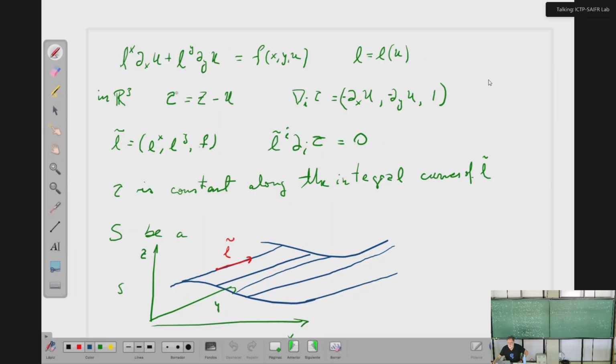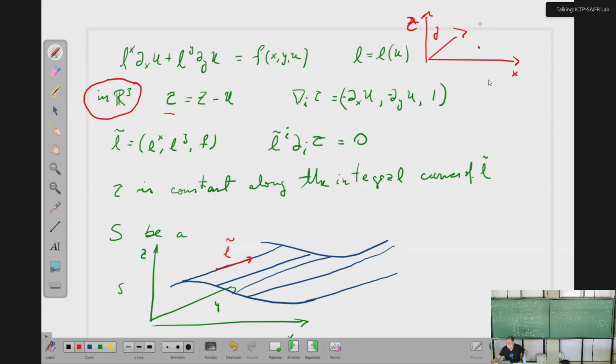So here we can make a trick, which is very interesting. We can go to 3 dimensions. So we go to R3, and the u will be basically the z. So we define a function tau, which is just z minus the values of u. So this is given x, y, z.